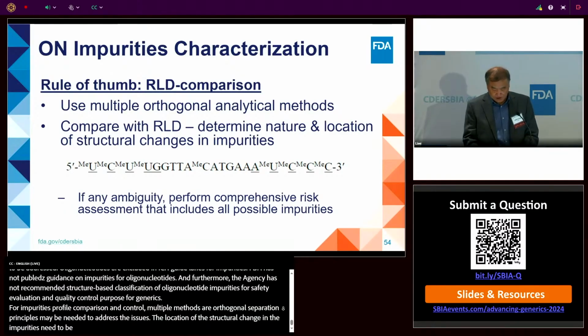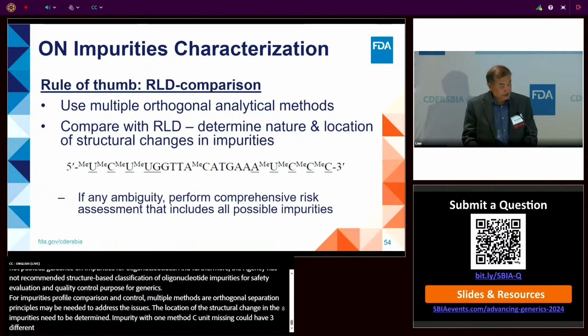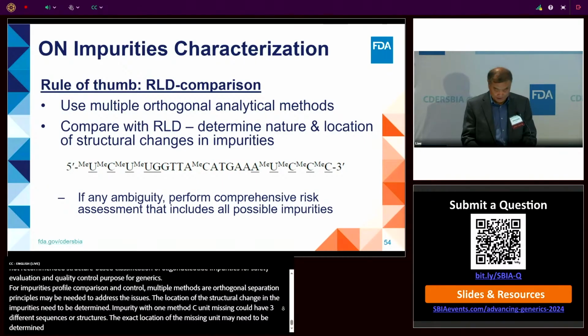For example, for inotersen shown in this slide, an impurity with one methyl C unit missing could have 3 different sequences or structures. The exact location of the missing unit may need to be determined unless otherwise justified.